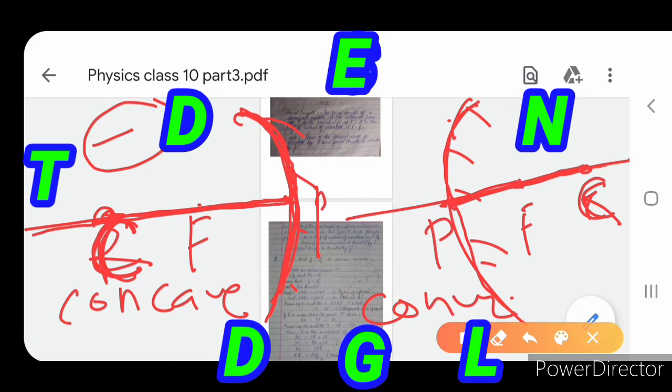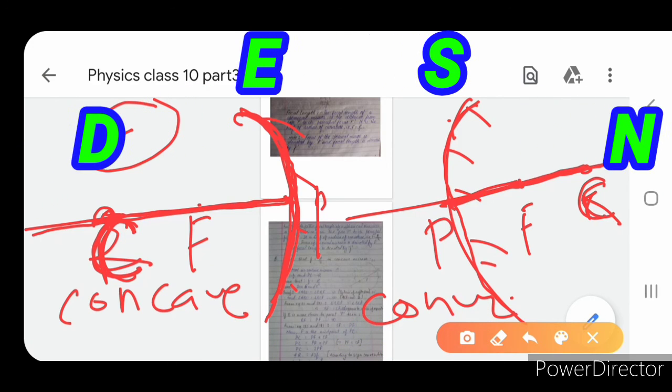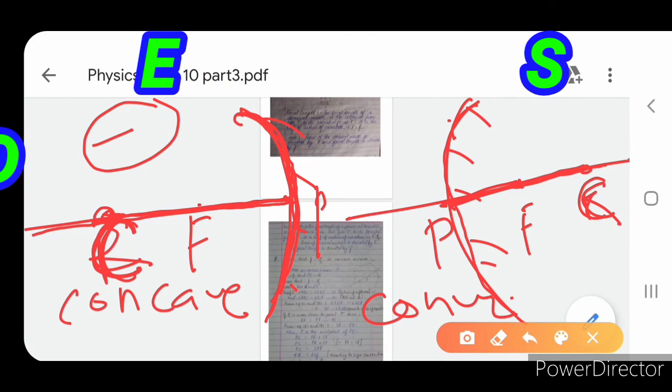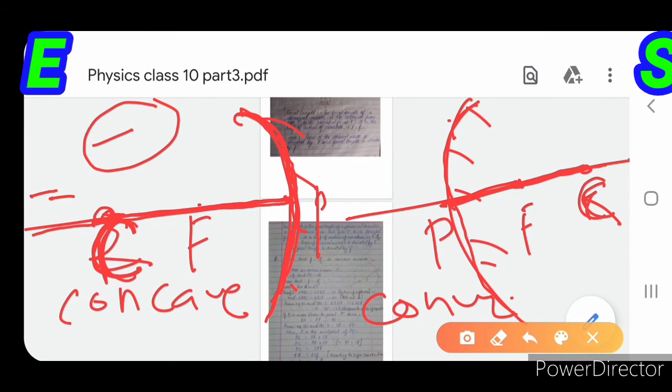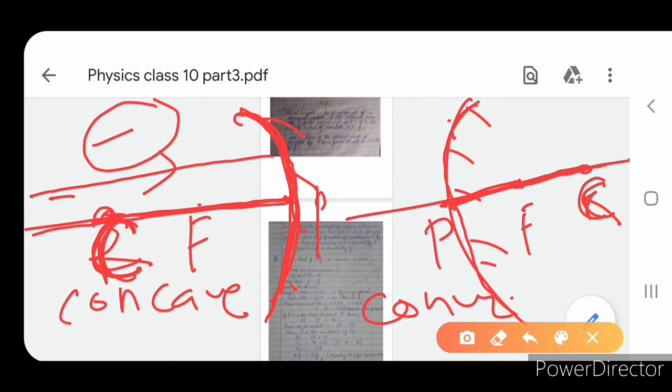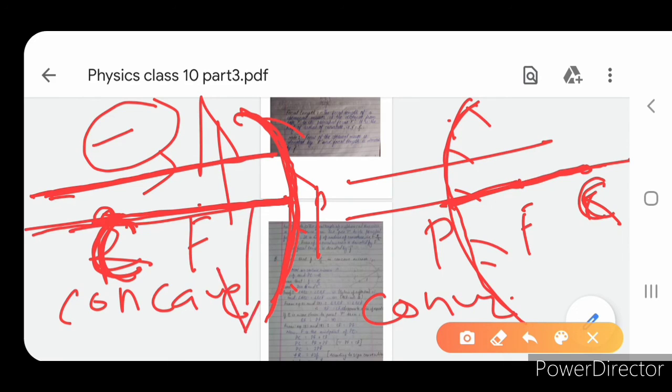Now the next rule, this can also be written as: light will come in this direction, so the distance opposite to the direction of light is taken as negative, and in the same direction as light is taken as positive. Next, the distance measured upward from the principal axis is taken as positive, and the distance measured below the principal axis is taken as negative.